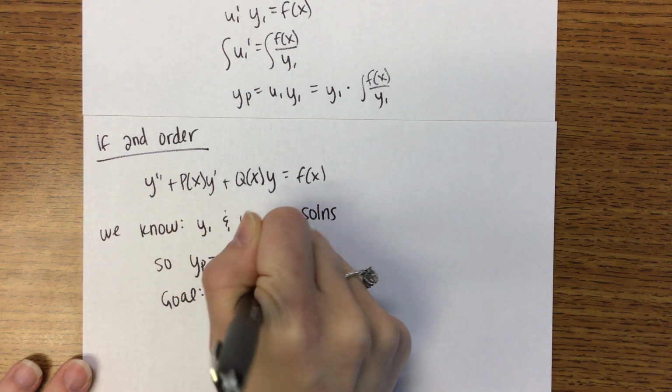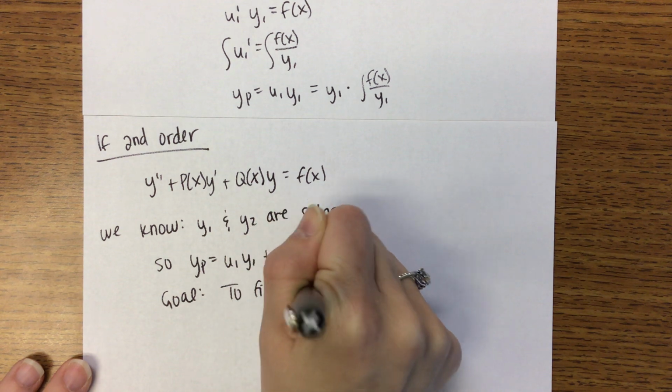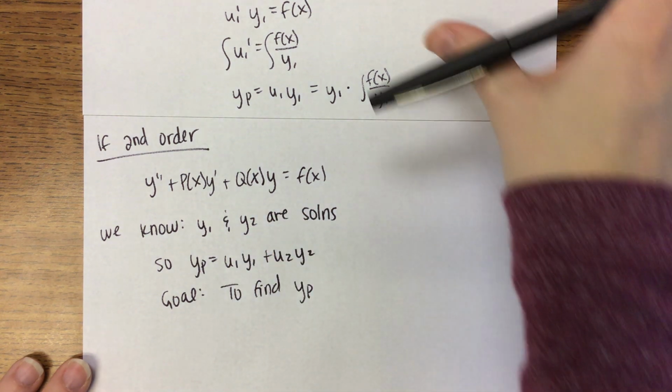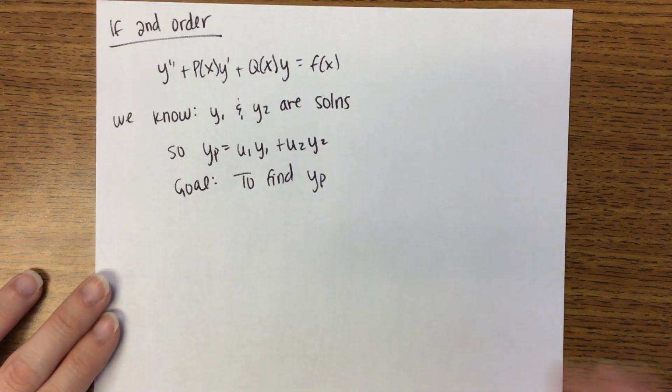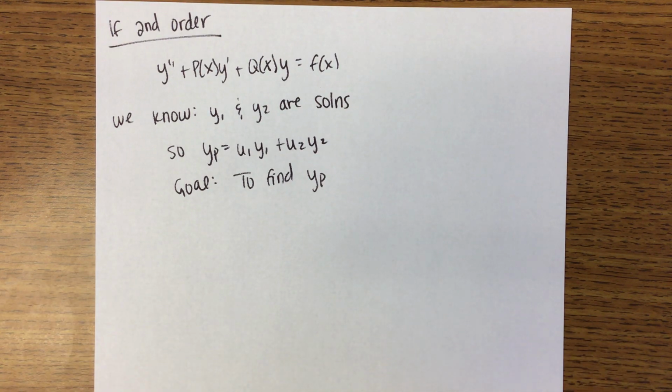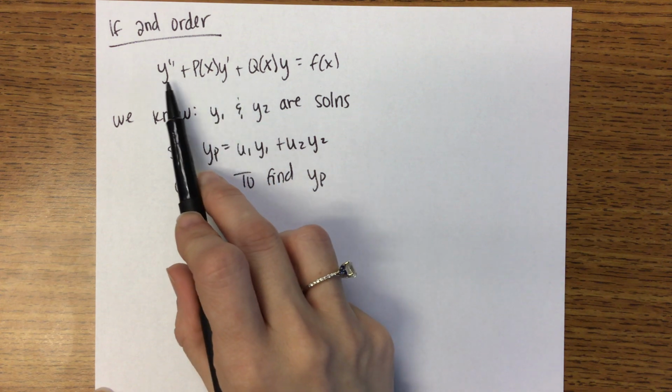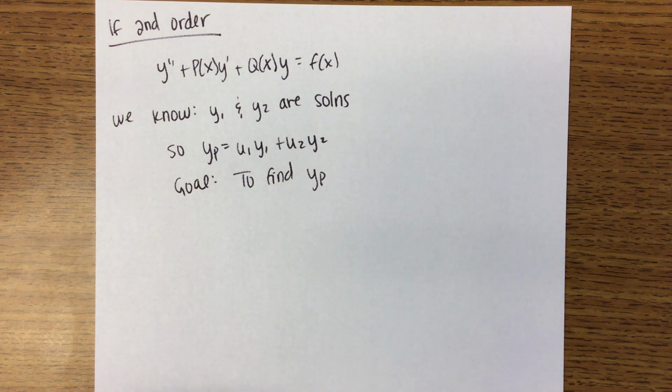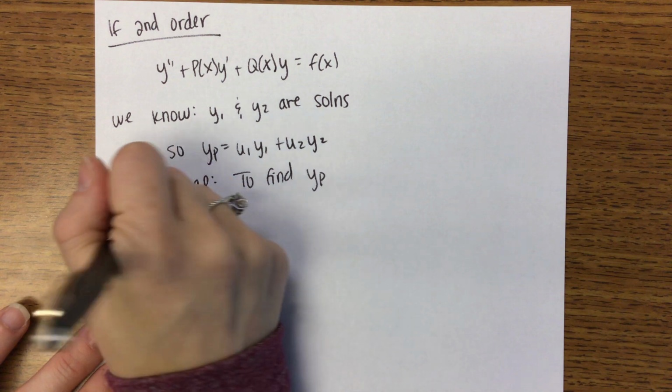So our goal is to find the particular solution. We're going to do something similar to what we did before. We're going to find the first derivative, the second derivative, plug it into the differential equation and see what happens.